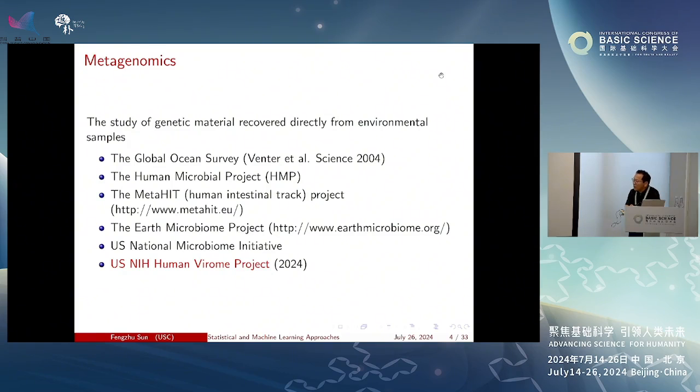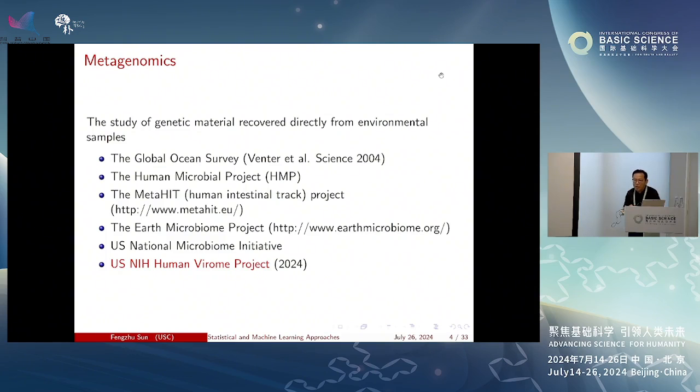Not only human health, but also other environments such as the ocean as well as soil are also very, very important, because we have pollution and we have climate change and so on. That will change the microbial community in the ocean as well as in the soil.